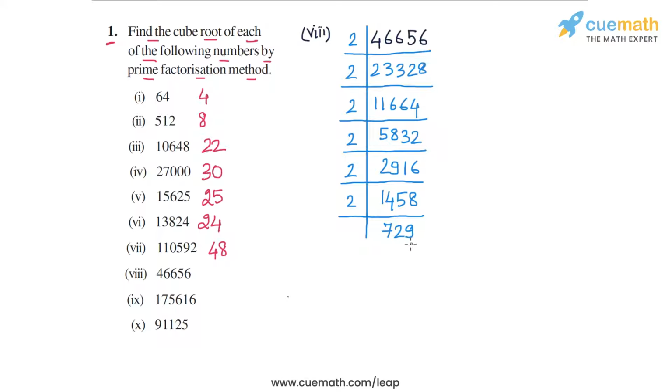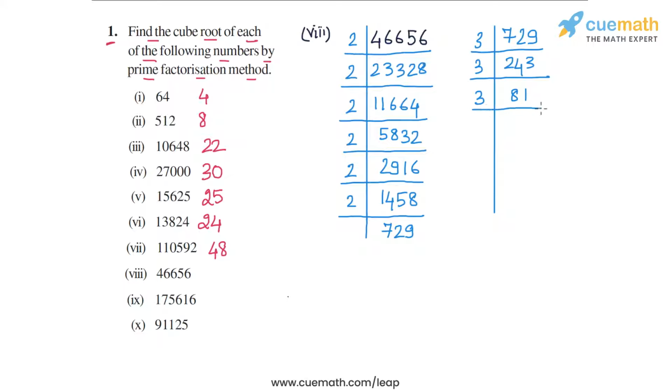729. Now this is not even, but it is a multiple of 3, this number 729. So we prime factorize it further by dividing it by 3, and I'm going to write it on the right side. So we are going to divide 729 by 3. So that gives us 243. This is a multiple of 3 again, so we take out a 3, and that gives us 81.